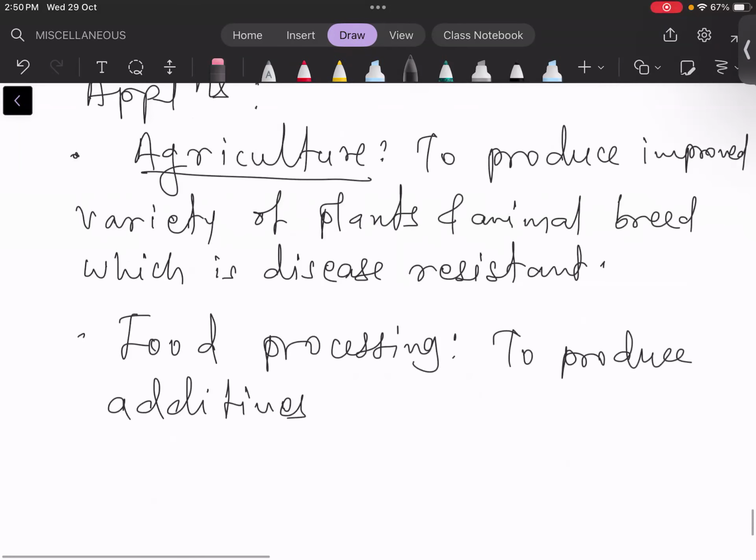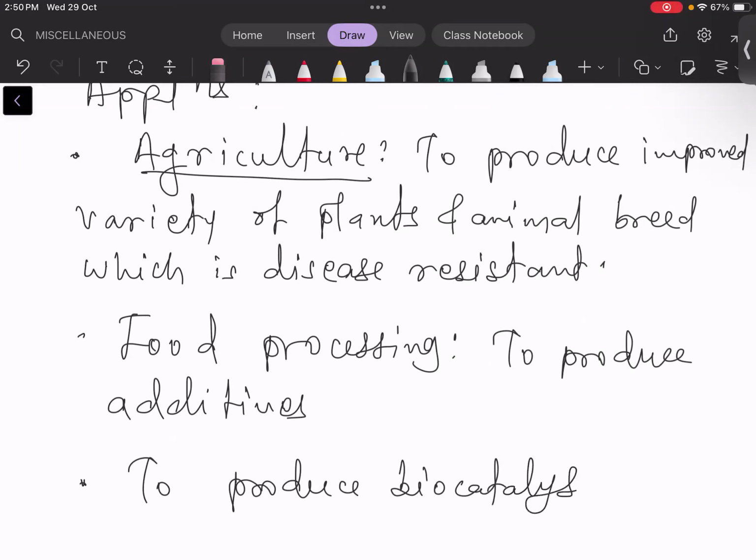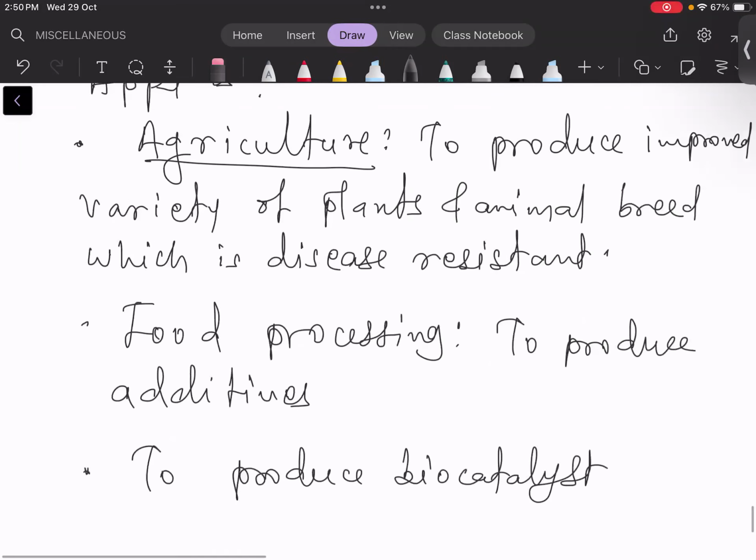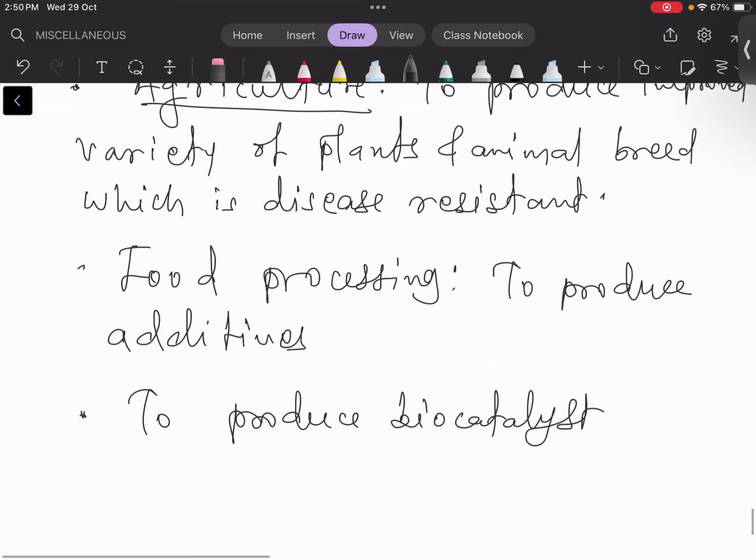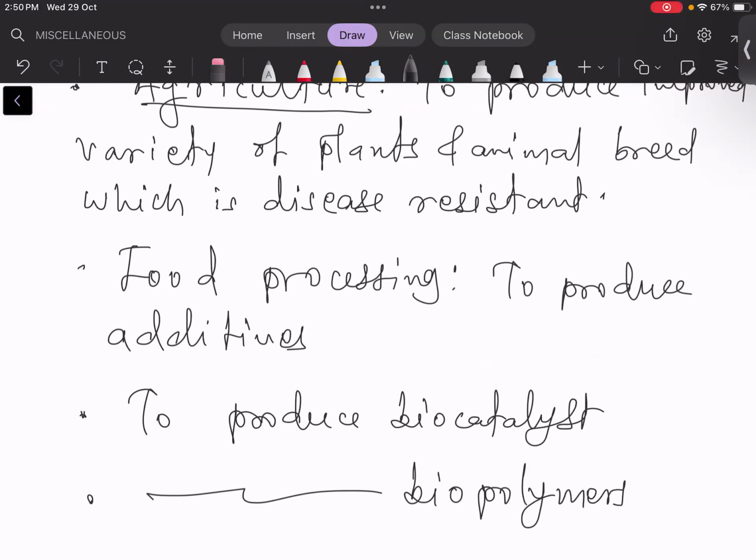The next, biotechnology is applied to produce biocatalysts. Similarly, to produce biopolymers like polylactic acid.